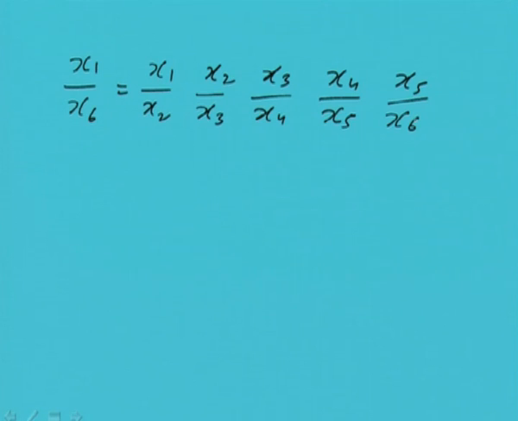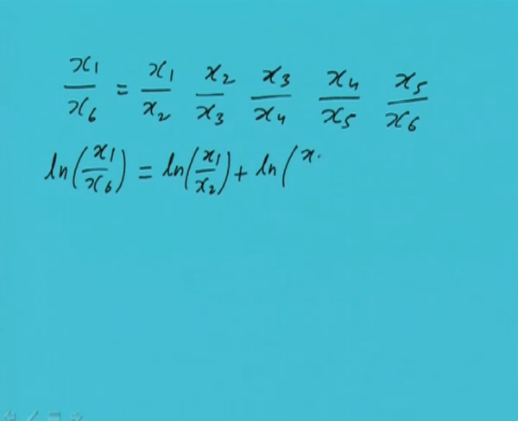So they are one and the same, and if we take the natural log of this, that will be the log of the individual amplitude ratios. We can write it like this, and you see that these individual terms are nothing but the logarithmic decrement, and we have such 5 terms.